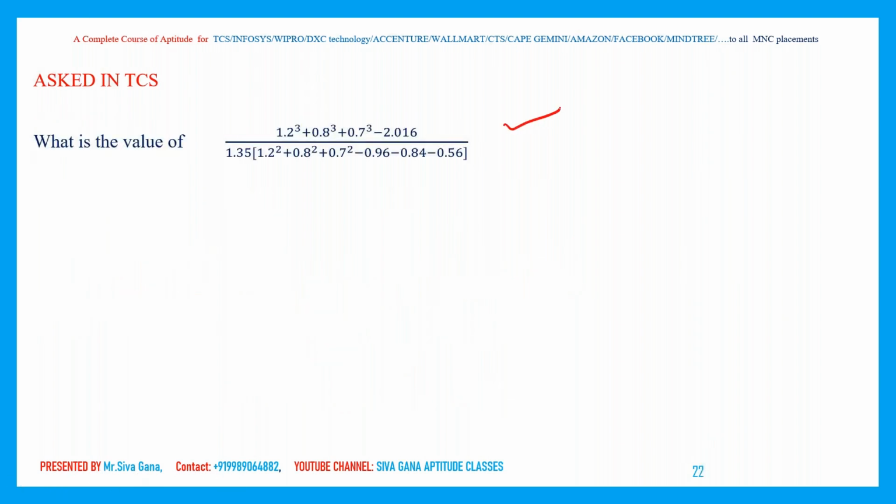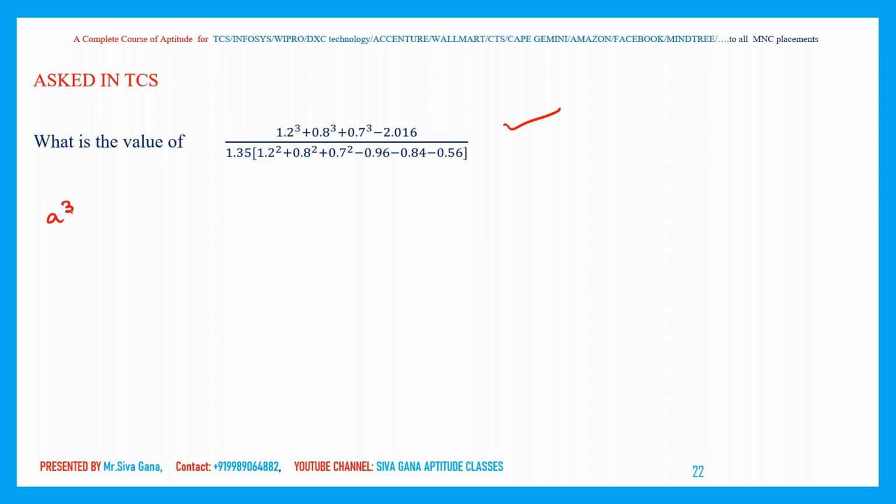Right? One more question on the same. A cube plus B cube plus C cube minus 3ABC, just multiply 1.2 into 0.8 into 0.7 into 3, 2.0. Yeah, definitely this is the one.